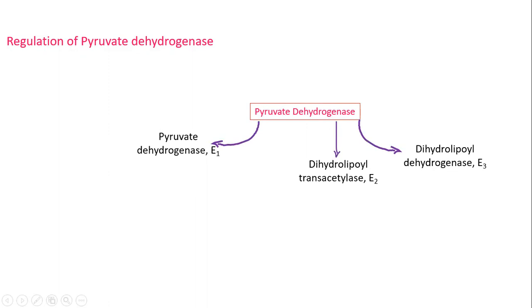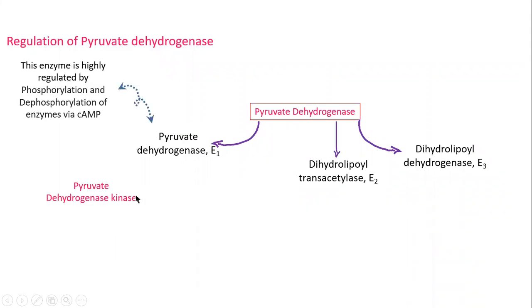Out of these three, this enzyme E1 is highly regulated by either phosphorylation or dephosphorylation via secondary messengers such as cyclic AMP, and this is done with the help of 2 more enzymes, that is pyruvate dehydrogenase kinase and pyruvate dehydrogenase phosphatase.